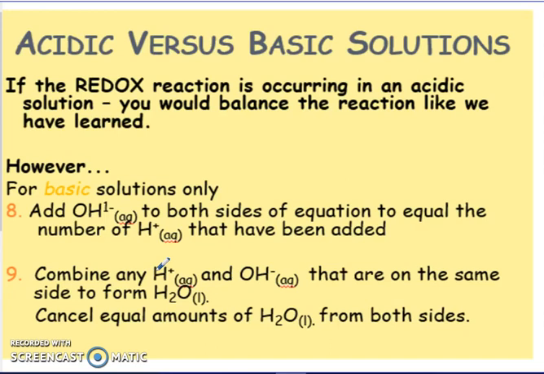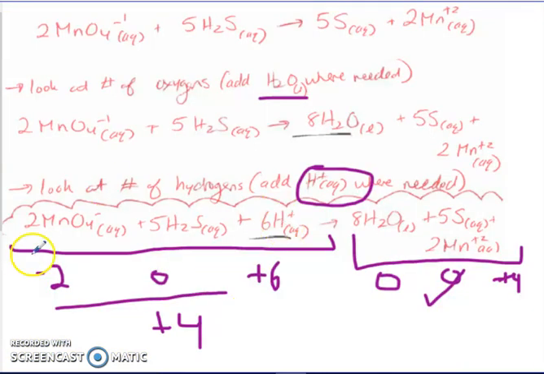So what we've been looking at so far would be like no conditions were listed, right? What we've been doing so far is also the same if it was acidic. So this reaction, just to go back here for example, would be the same if it was happening in acidic conditions or neutral conditions.